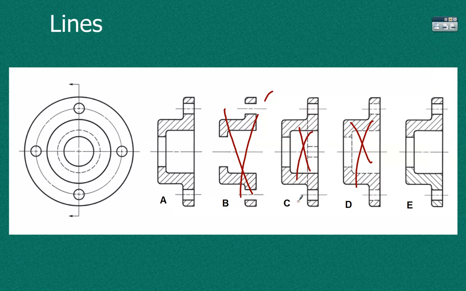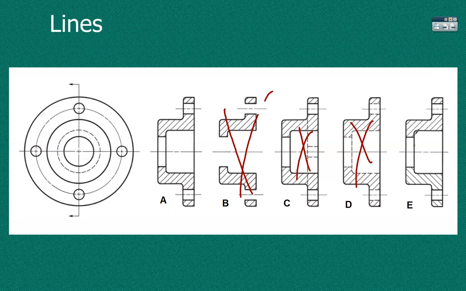So now we have A and E. Is there a difference between those two? There is a difference. What about the lines? One of them, all the lines are going one way, the other is different. Yeah, this one, all the lines go in the same direction and the same angle.